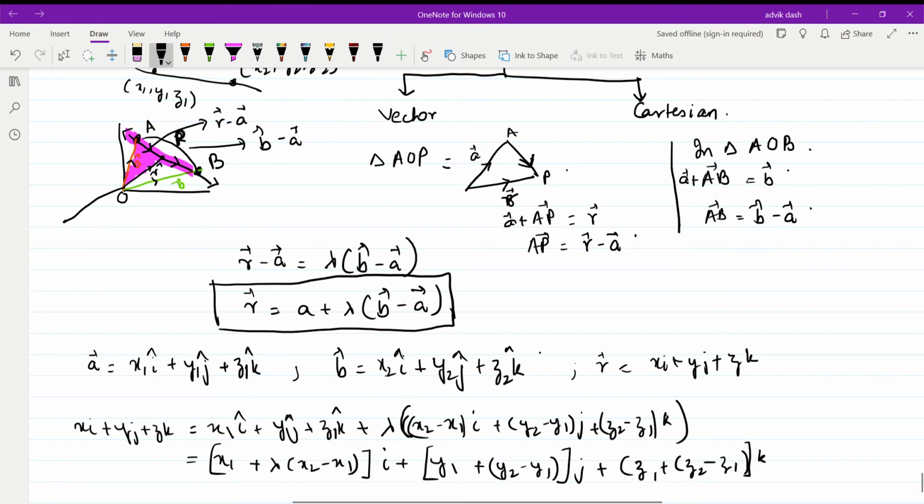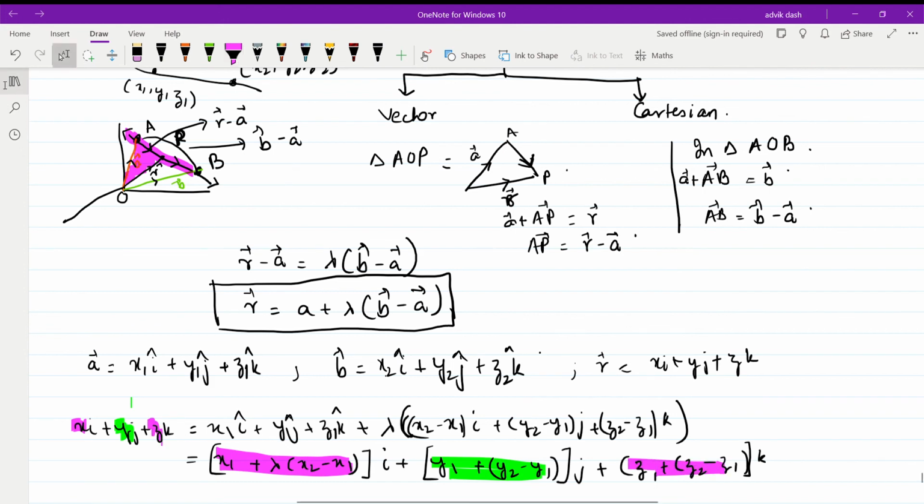Now, as the vectors are the same, the i component will match with the i component. This is the whole i component. Then the j component will match with the j component, and the k component will match with the k component.